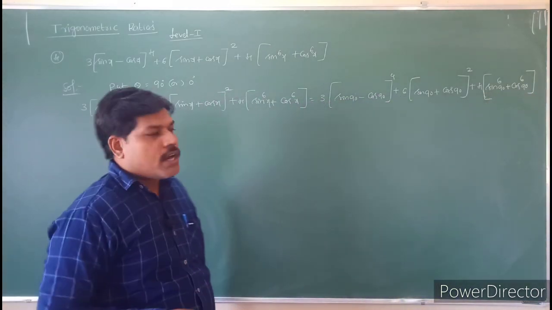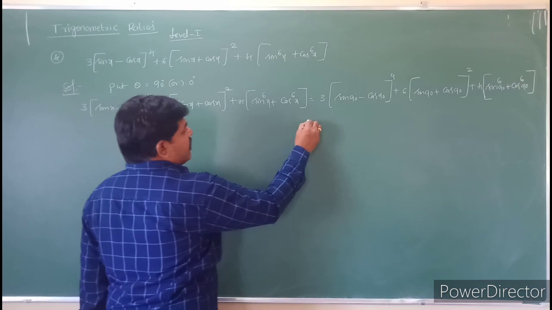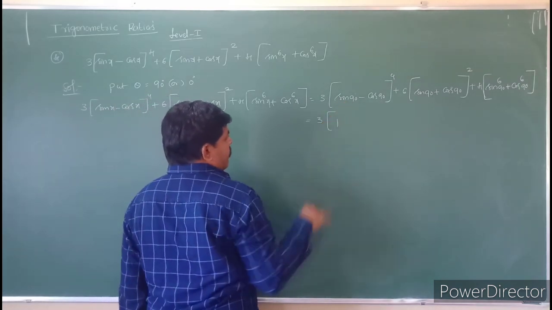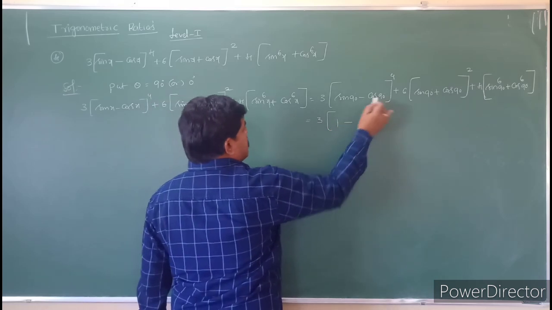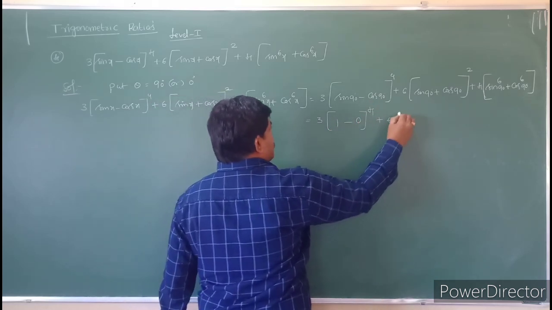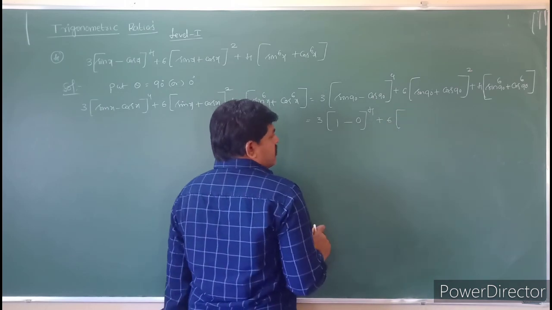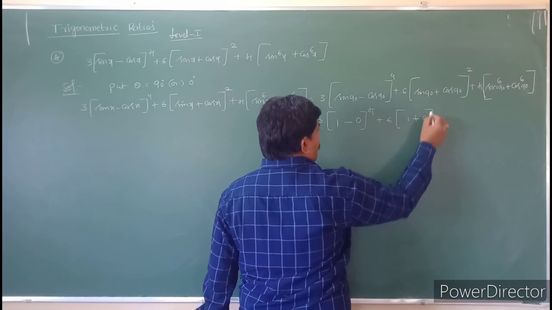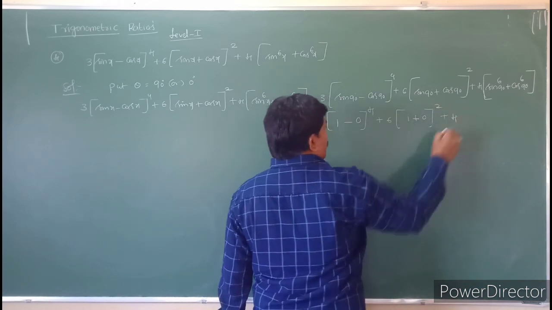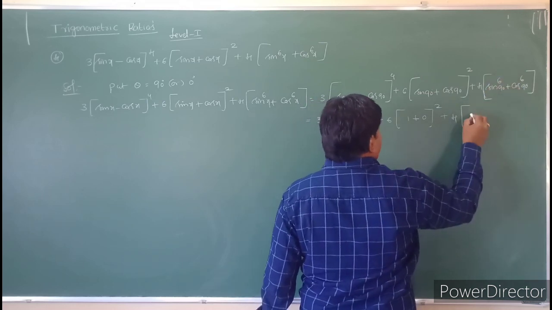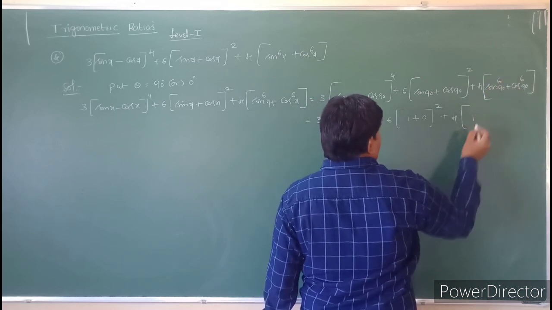So that is equal to 3 into (sin 90 is 1 minus cos 90 is 0) plus 6 into (sin 90 is 1 plus cos 90 is 0) whole square plus 4 into sin power 6 of 90 plus cos power 6 of 90, that is nothing but 1.